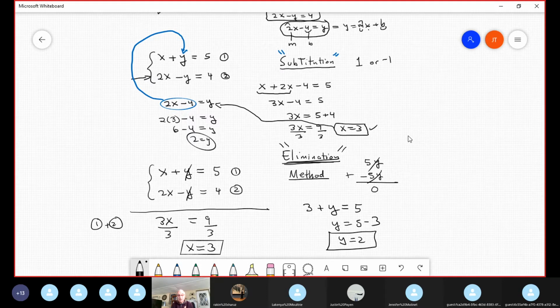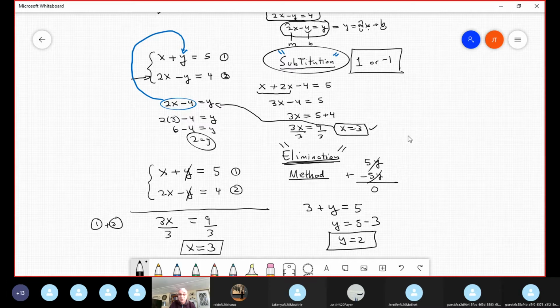What is the clue to make a decision, substitution or elimination? Well, substitution is good when the coefficient in front of the variable is 1 or negative 1. Because if the coefficient is 2, 3, 4, 5, you complicate your life because you have fractions. Not good. So only apply substitution when it's 1 or negative 1.